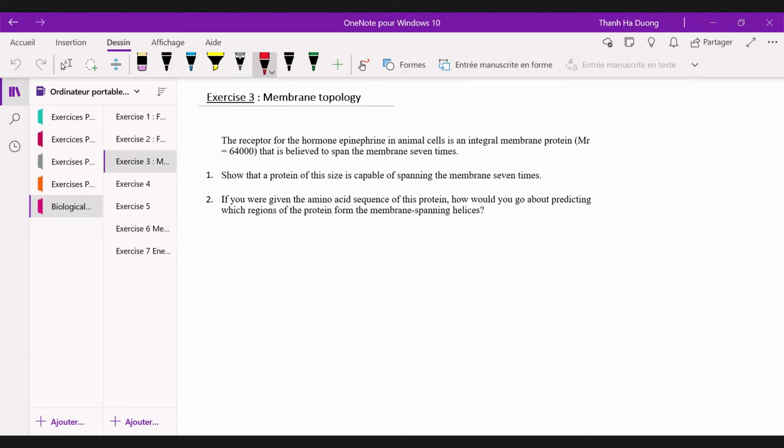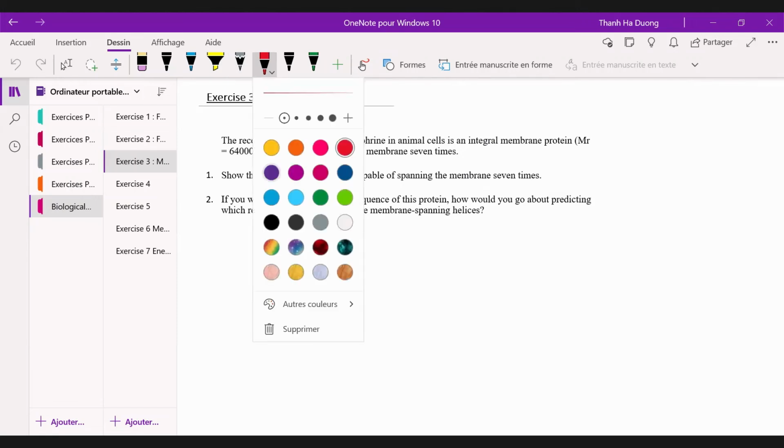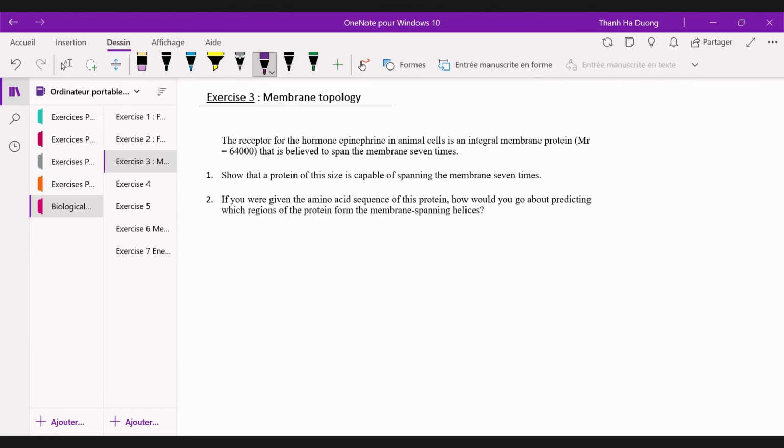So for example, let's say that the thickness of the membrane is around 7 nanometer. Okay. So if you have the thickness of 7 nanometer, how many amino acids will you have in the alpha helix?